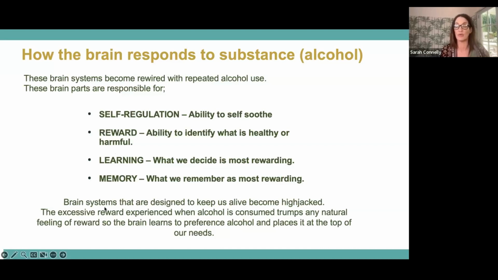And the excessive reward that we experience when we drink alcohol ends up trumping any natural feeling of reward. So the brain learns to prefer alcohol and places it at the top of our needs. This is why we can often be driven almost unconsciously towards drinking, as opposed to being able to sit back and decide what might be a healthier way to soothe our discomfort.